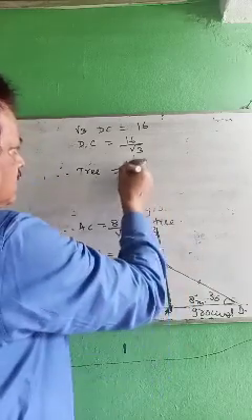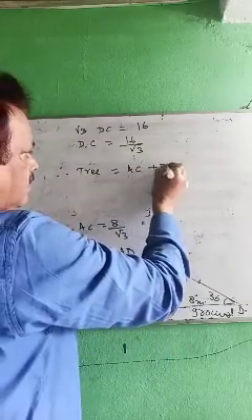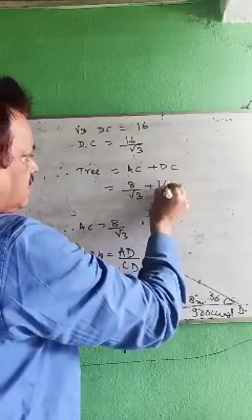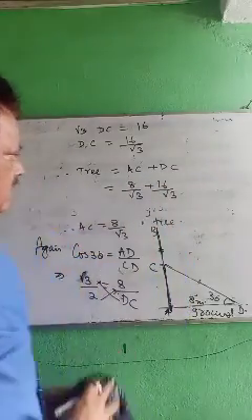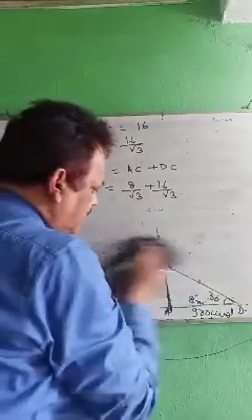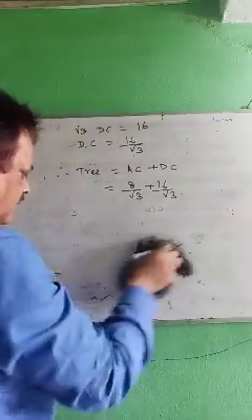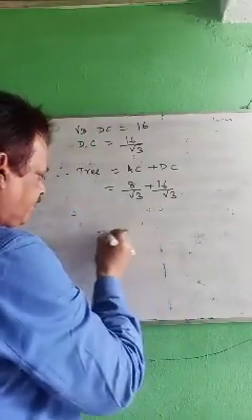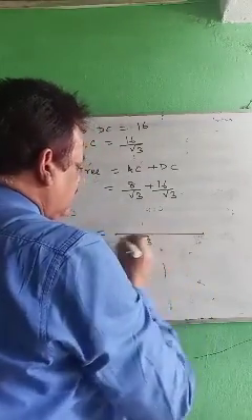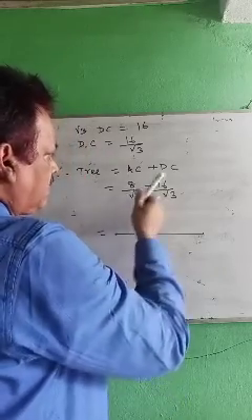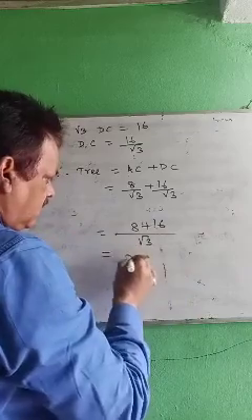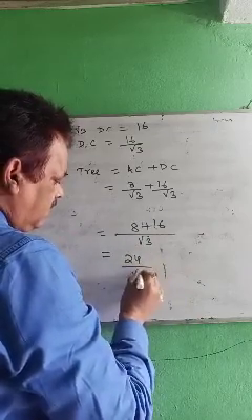Therefore the height equals AC plus DC, which is 8 by root 3 plus 16 by root 3. Now simplify. The denominator is the same, so add the numerators: 8 plus 16 is 24 by root 3.